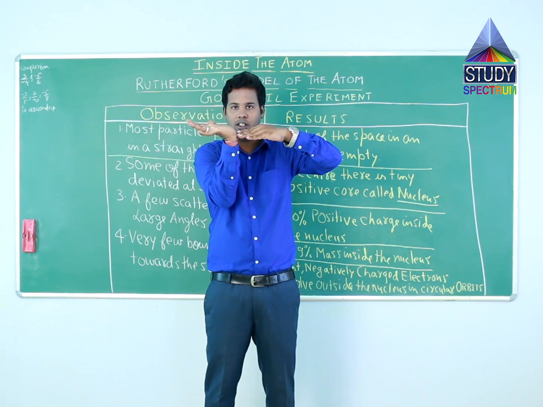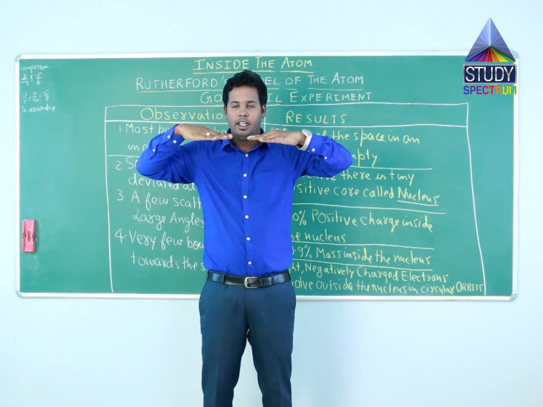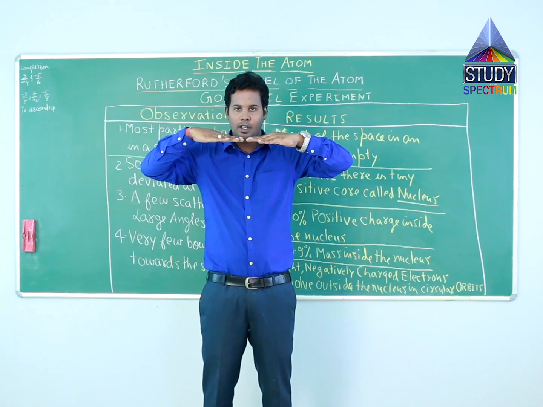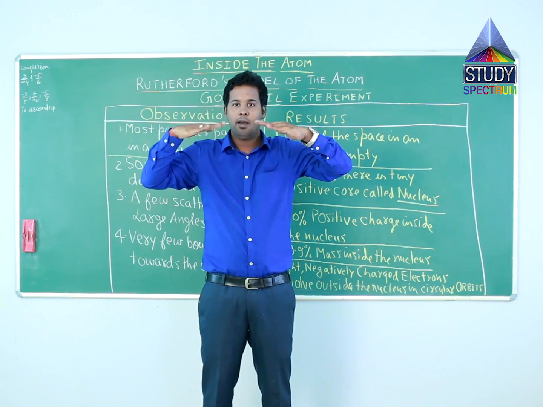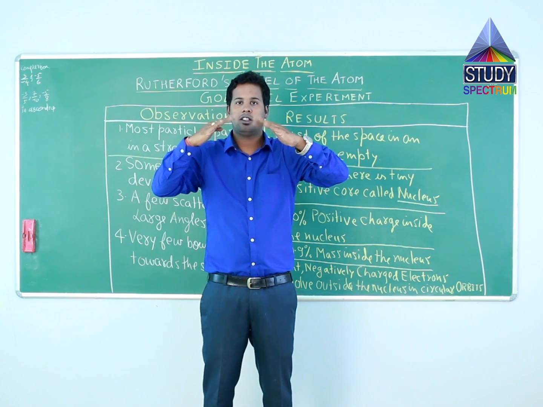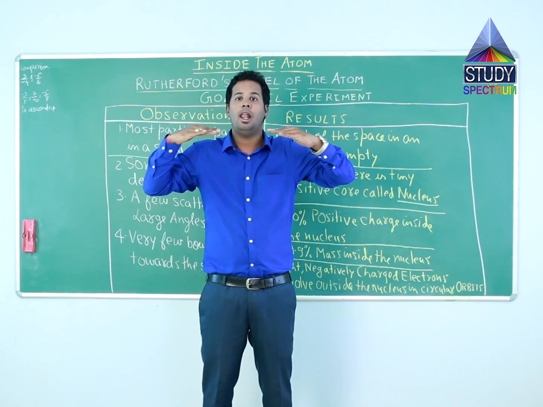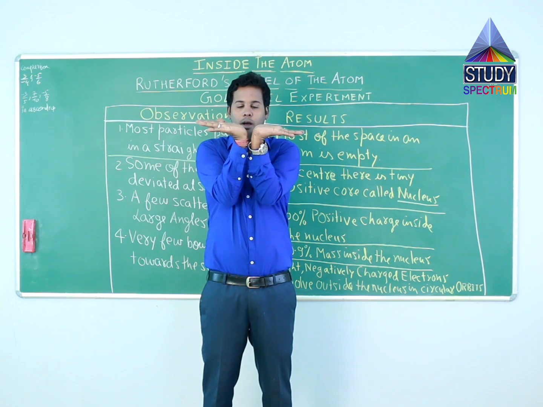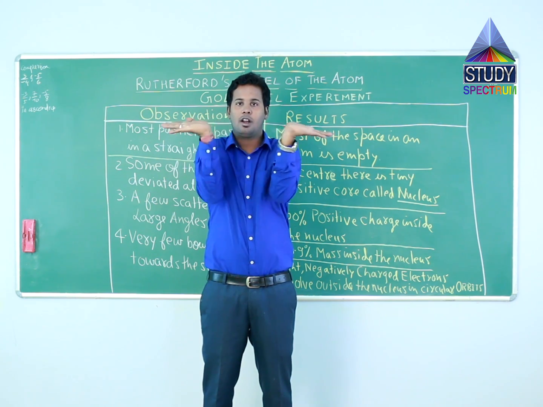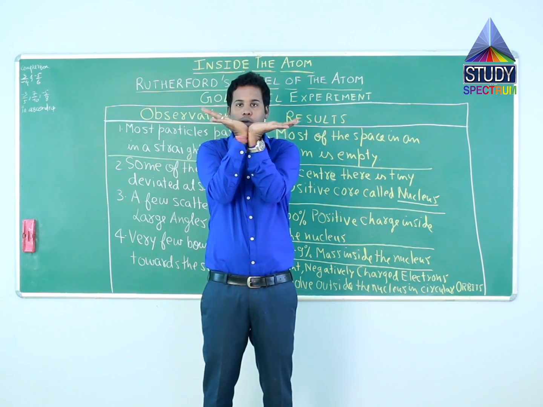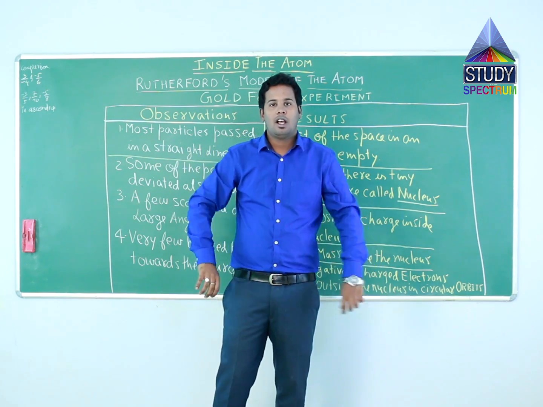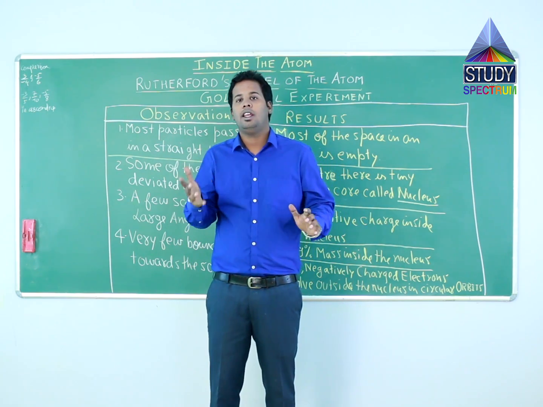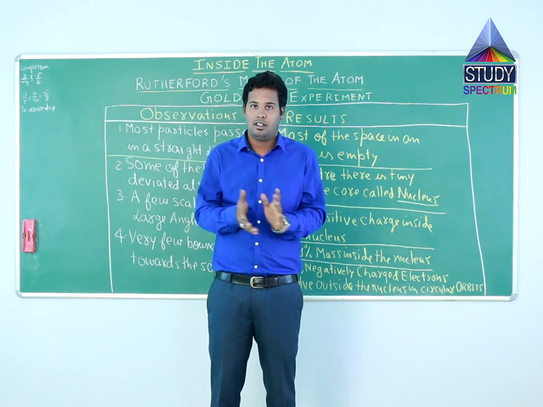If I place these two magnets in this fashion, what will happen? They will repel each other. Why? Because like poles, like charges, do not attract, they repel. And also if I place these magnets in this fashion, they will repel, because these are like poles. Similarly, with charges, like charges repel each other and unlike charges attract each other.